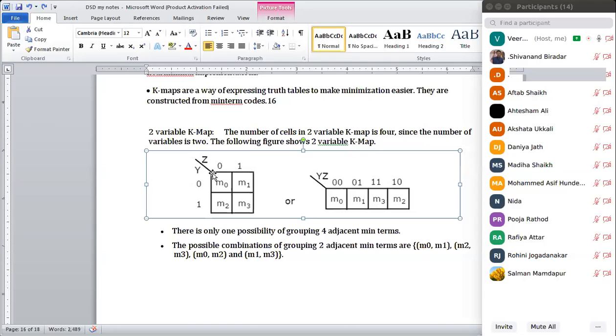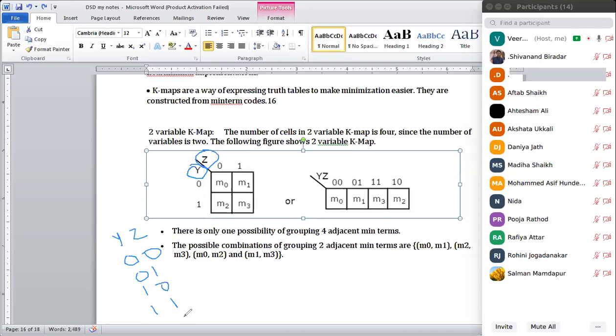For that purpose, I have to write one variable on one side and another variable on the other side, like A, B, or Y and Z written up here. Z is one variable, Y is another variable. If I go for Y and Z as input, what are the combinations I will get? 0, 0, 0, 1, 1, 0, and 1, 1.